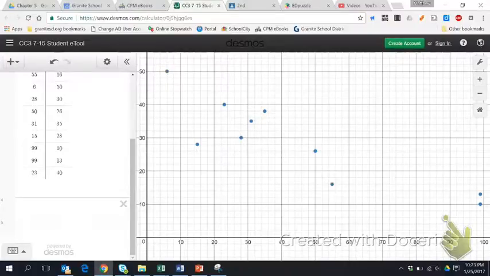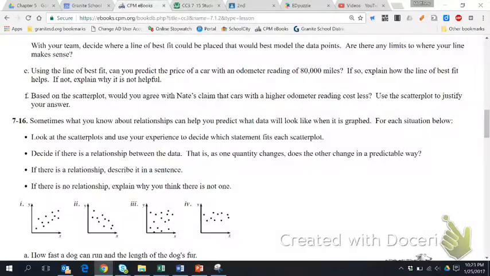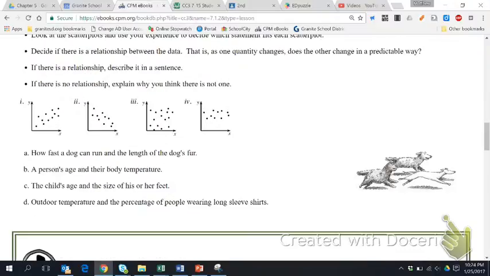Okay, so in this next section, I want you guys to be looking at each of these different scatter plots. Now we want to figure out which scatter plot is going to match one of these. So A might match one, B might match one.